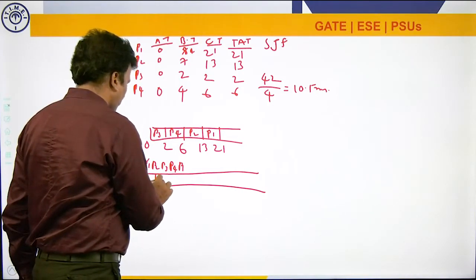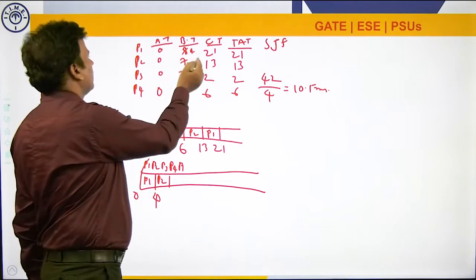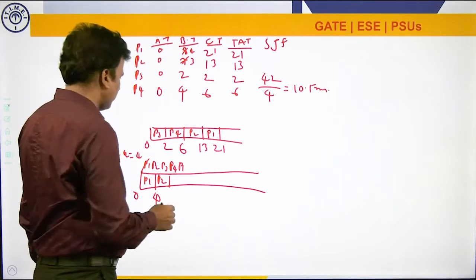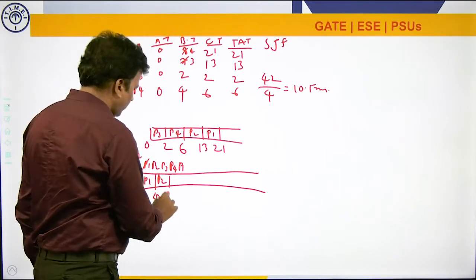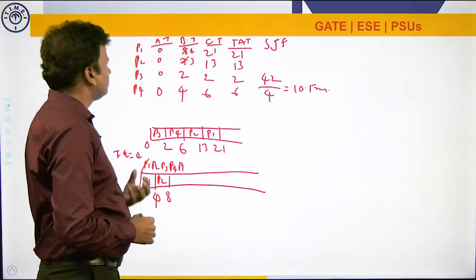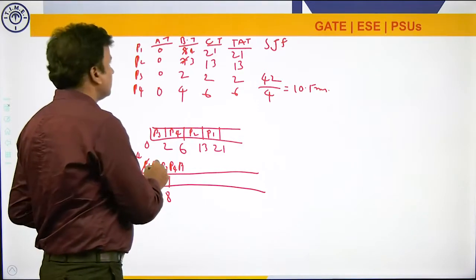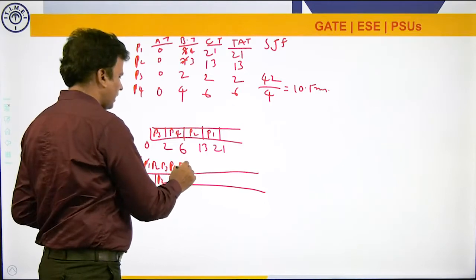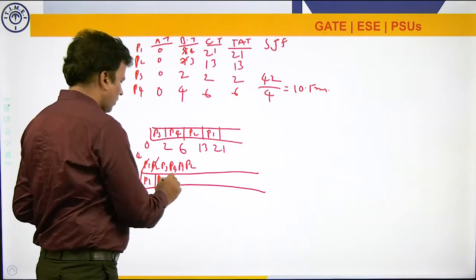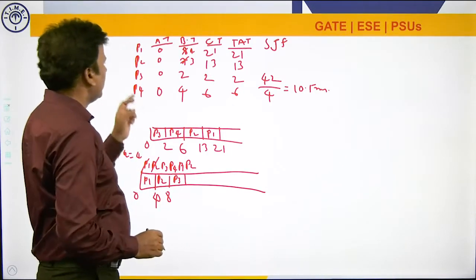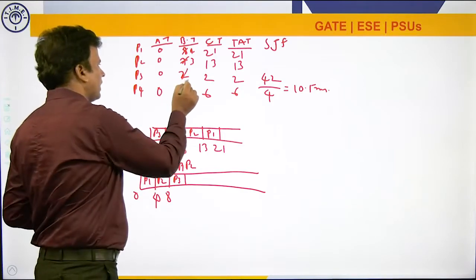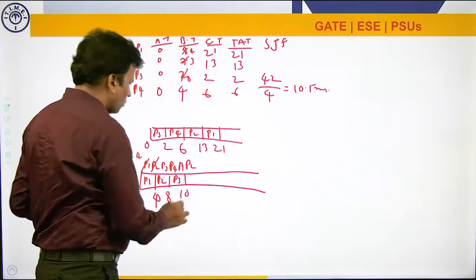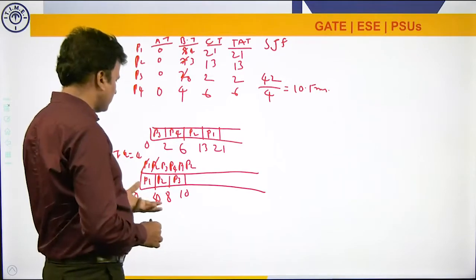Now I will schedule process P2, which runs for the next 4 units of time, so that becomes 8. Since P2 has time remaining, I need to keep it back as well. Now I am scheduling process P3, which runs for 2 units of time. It finishes, so there is no need to keep it back.